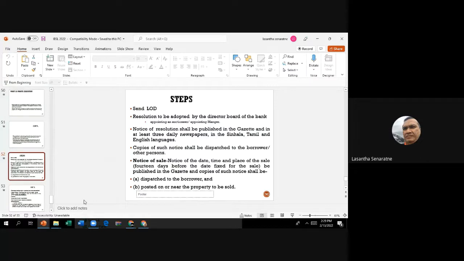So you paste a notice to say that this property is under auction of X bank. So you're declaring the interested party and placing a notice.